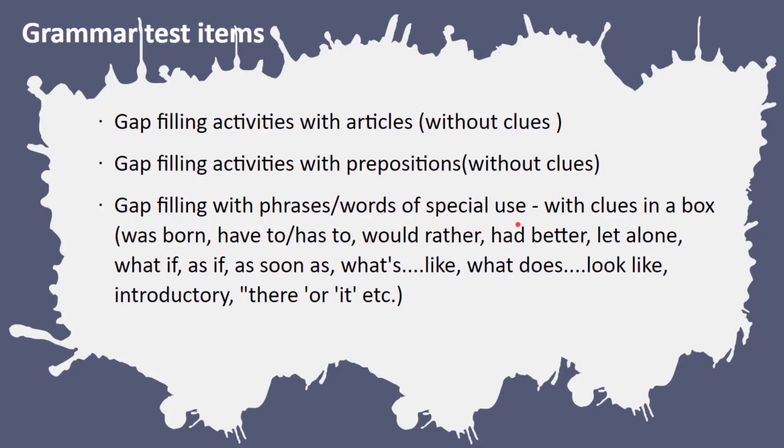In English, there are some phrases or words of a special use. For example, was born, have to, has to, would rather, had better, let alone, what if, as if. These are examples and you will get the clues in a box. So you can do it easily and this is an excellent gap filling activity.